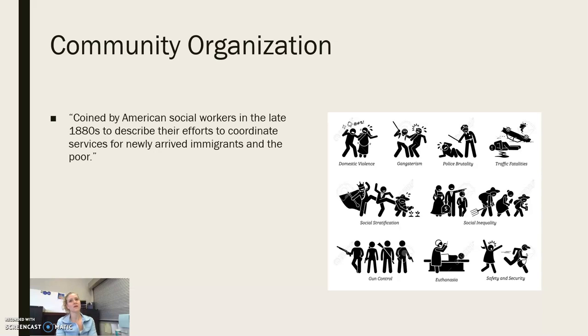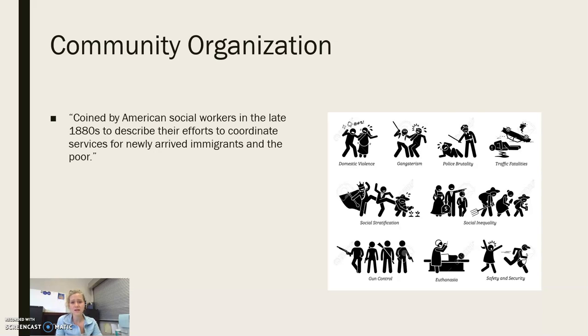So thinking about how people are separated in the social world, social inequality, right? Why are there differences in income or opportunity? Gun control, euthanasia, safety and security, all of these things have been discussed, talked about, and programs have been created to combat them.